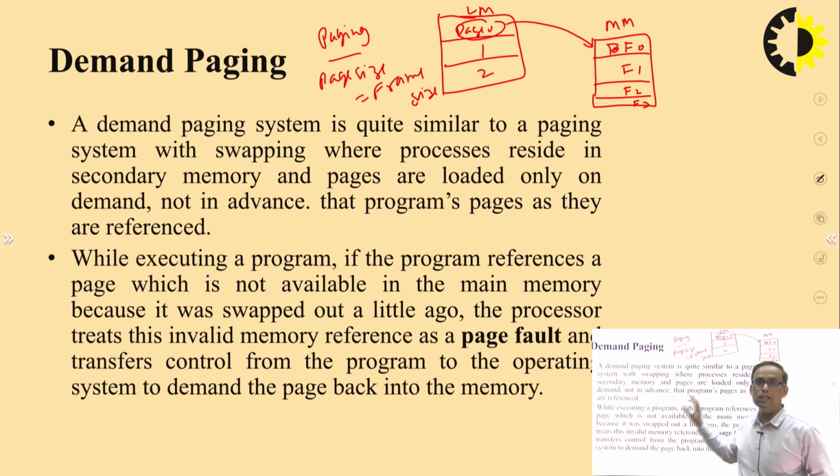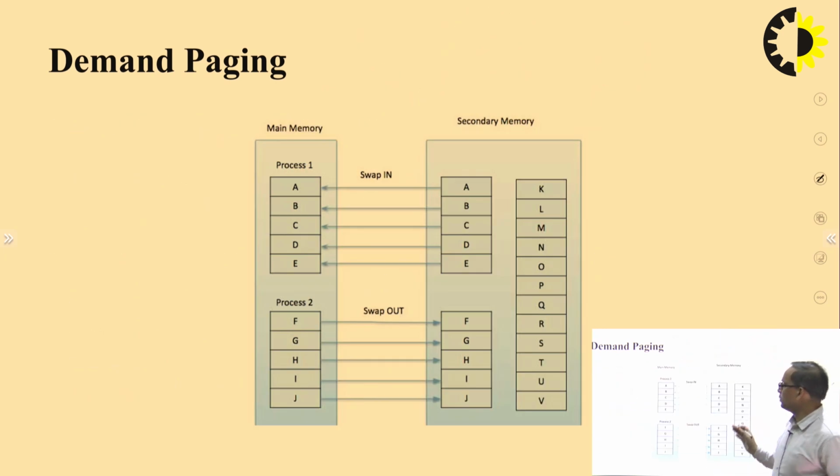So this is the concept of demand paging, which is used to implement virtual memory, because in demand paging a page is loaded into main memory only when it is required. So frames can be utilized efficiently. Okay, so this is the concept of demand paging.